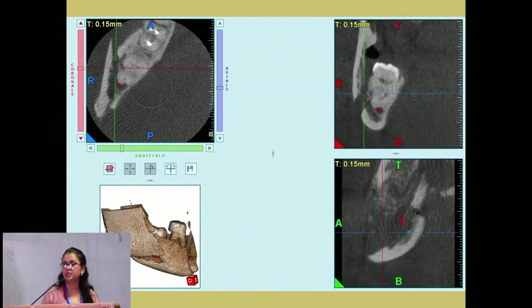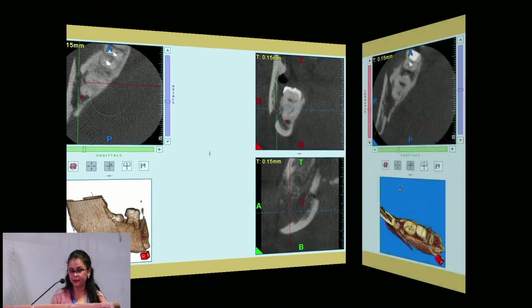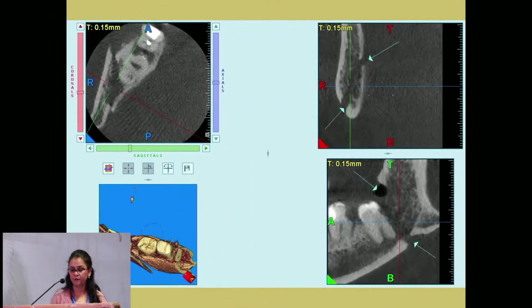If only the CBCT had been done before the extraction, the patient would not have been subjected to so much trauma. You can see here, this whole segment has come up. The anterior portion of the ascending ramus has been displaced completely. At the lower border, there's a complete fracture here. There's a nerve involvement. Maybe the tooth is ankylosed here.